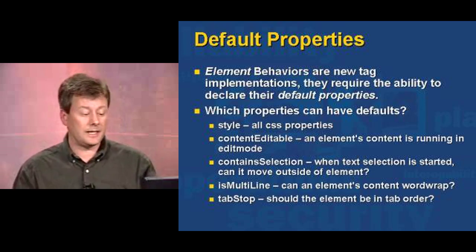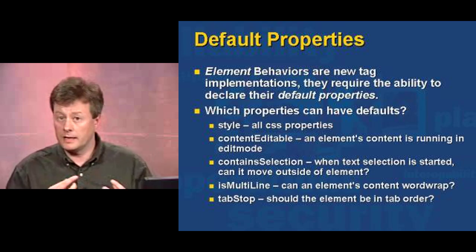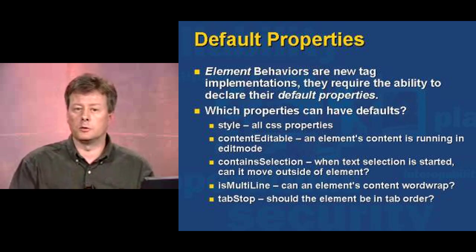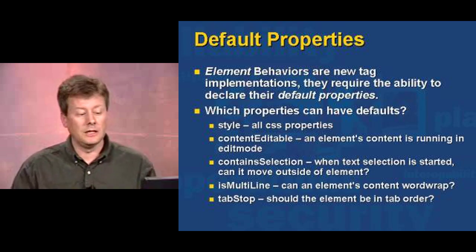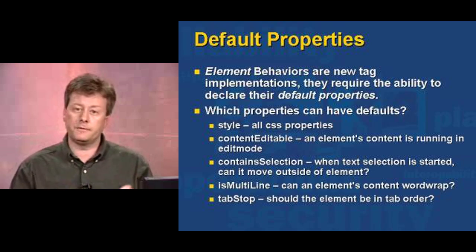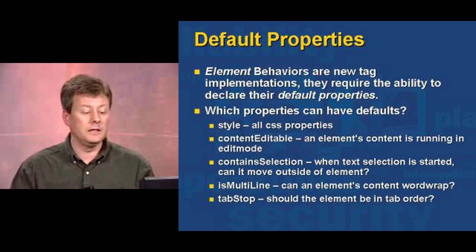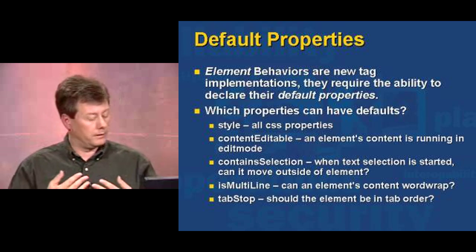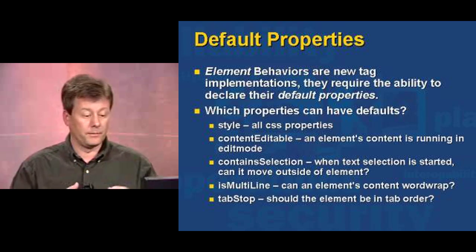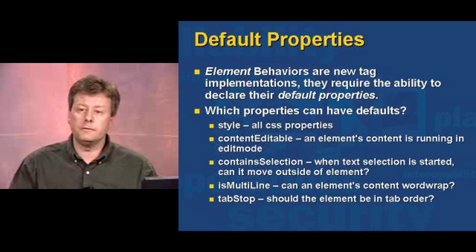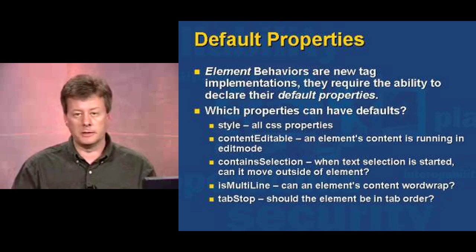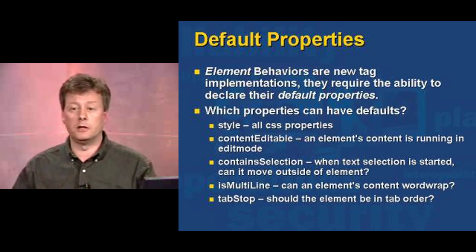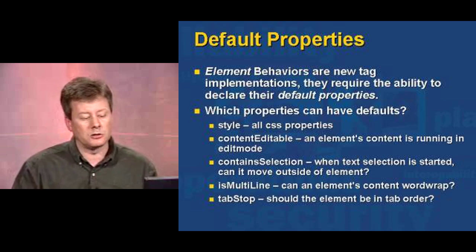In the case of is tab stop, if you think about HTML elements in a document, some of them by default are in the tab order of the document, but that can be overridden by specifying the tab stop. Similarly, when you're developing your own element behavior, you can say that it is by default within the tab stop of the document, and then the user of the behavior can override that and set an explicit tab stop should they wish to.